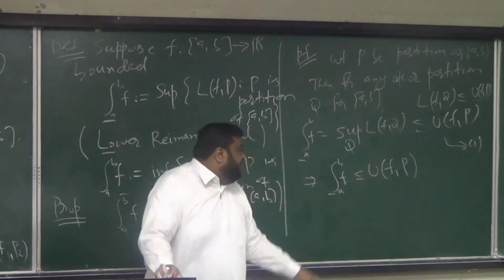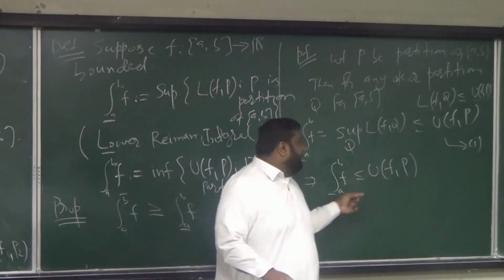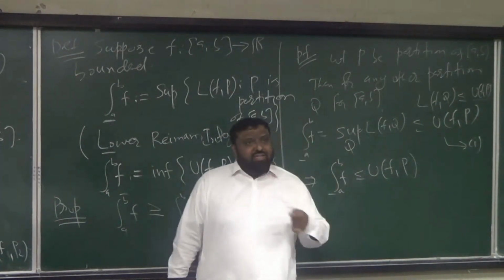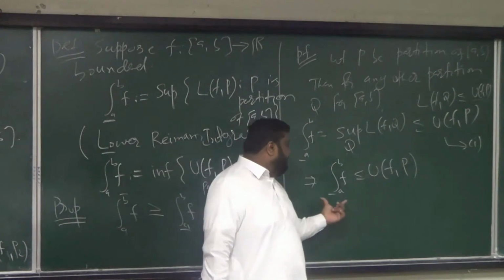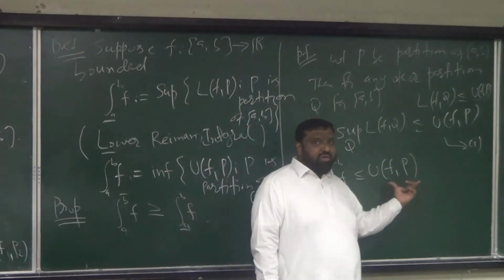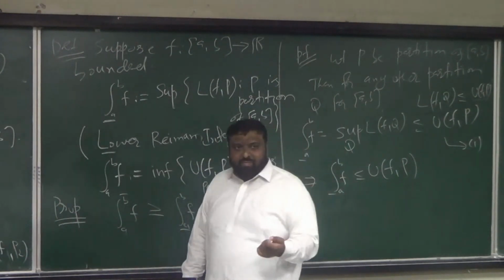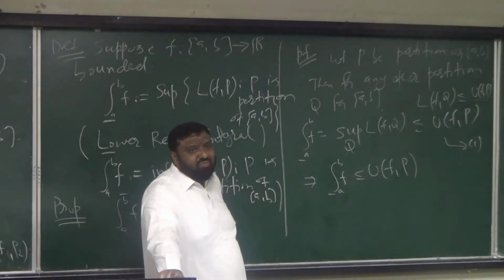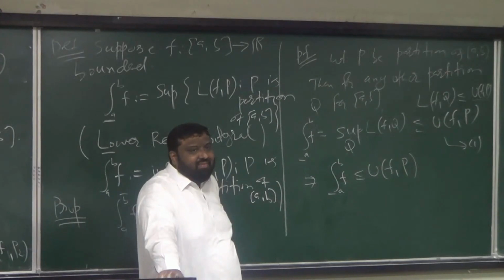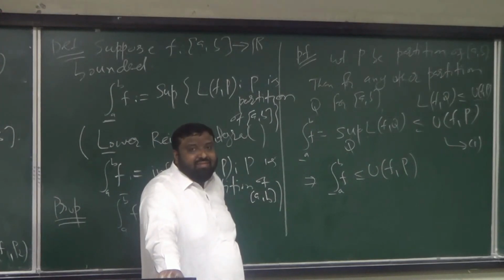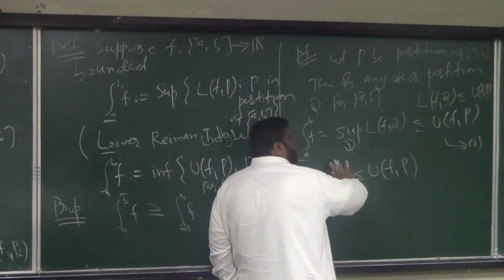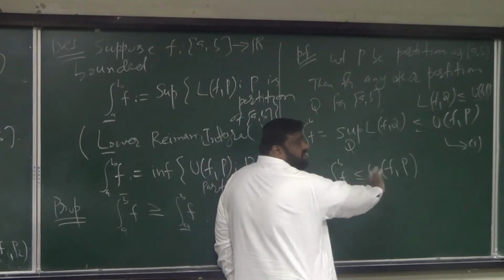Now, this fixed number is less than or equal to any of the UFP. So what should be the relationship between this number and the infimum of the UFPs? Always less than. It will always overestimate. So what does this show? This shows that this guy is a lower bound for UFP.